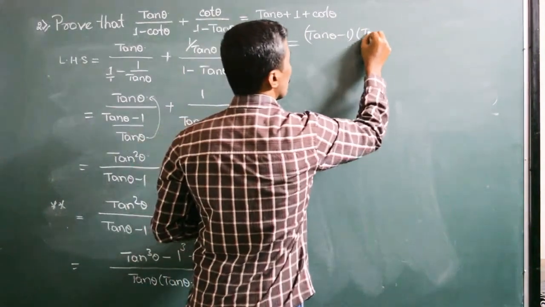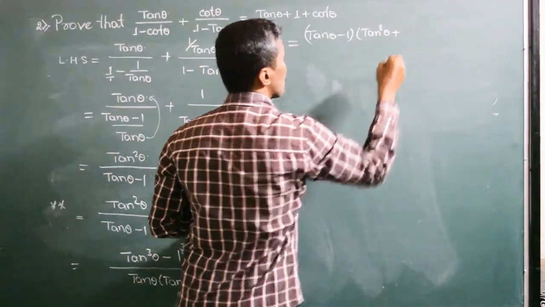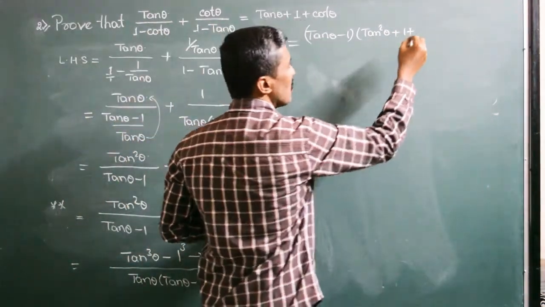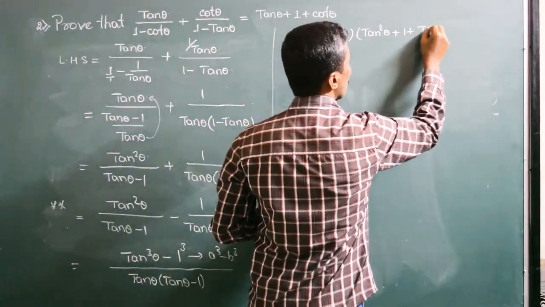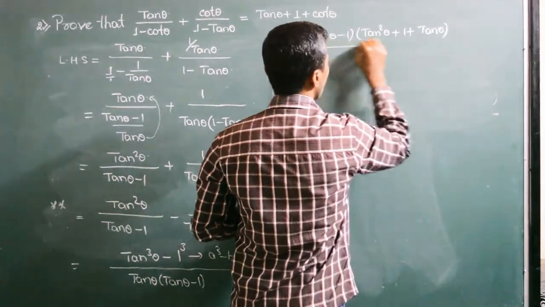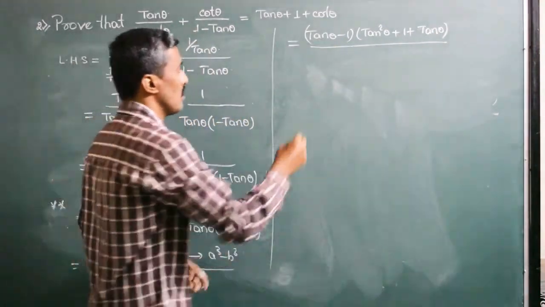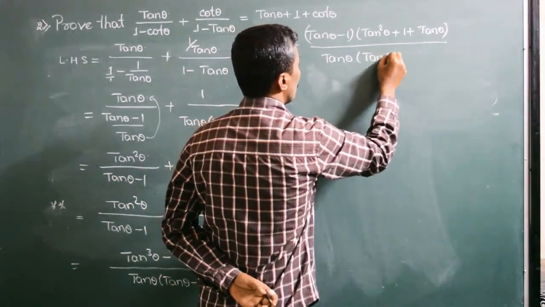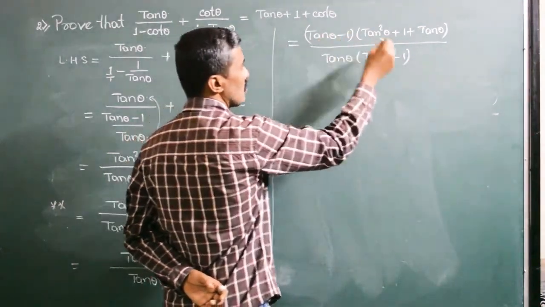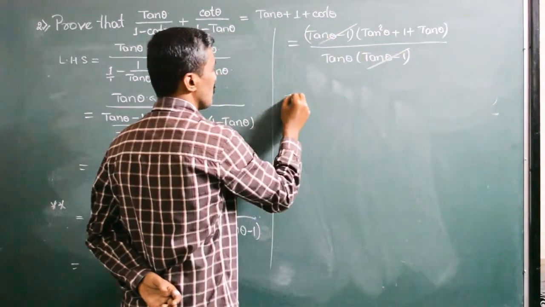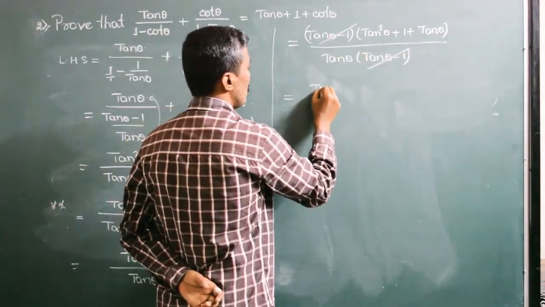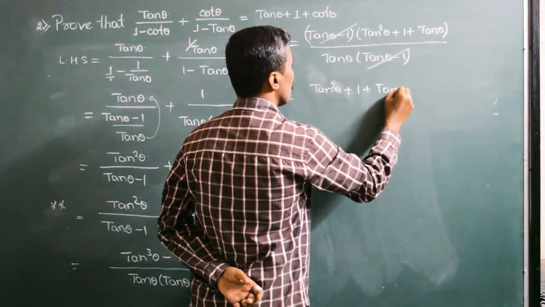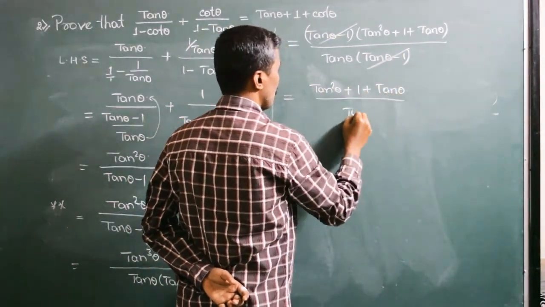A square is tan square theta plus b square, that is 1, plus ab, tan theta into 1, so that is tan theta, whole divided by tan theta into tan theta minus 1. So tan theta minus 1, tan theta minus 1 get cancelled. So then the remaining terms are tan square theta plus 1 plus tan theta, whole divided by tan theta.